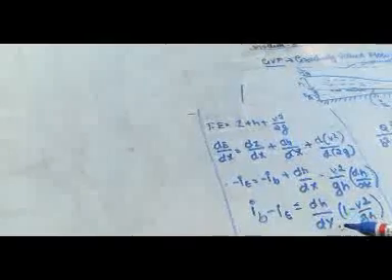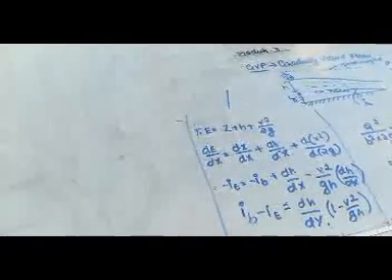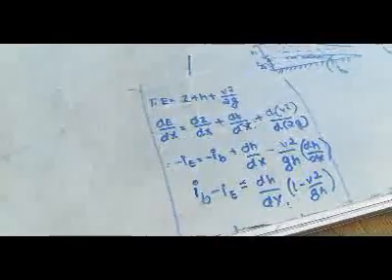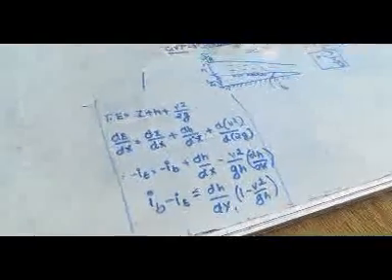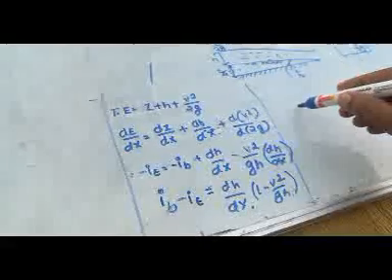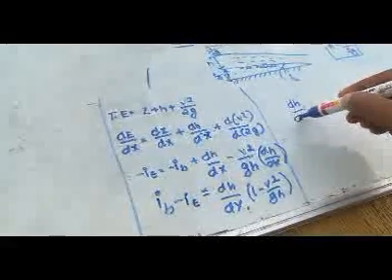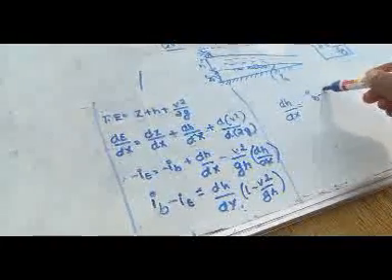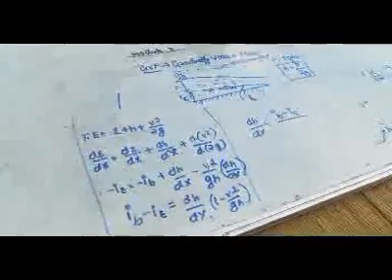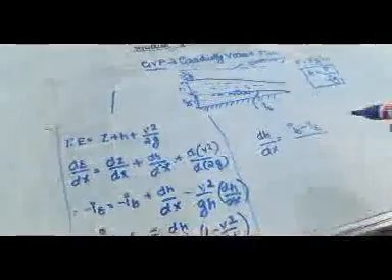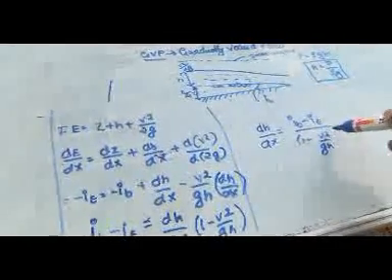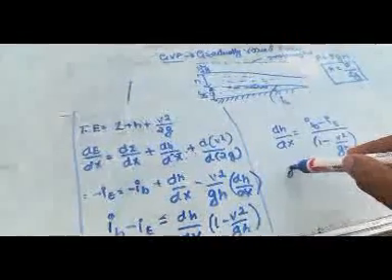So dh by dx is equal to IB minus IE divided by 1 minus v square by gh.